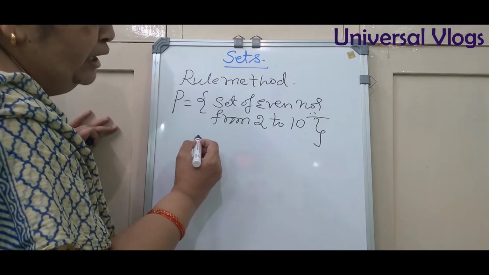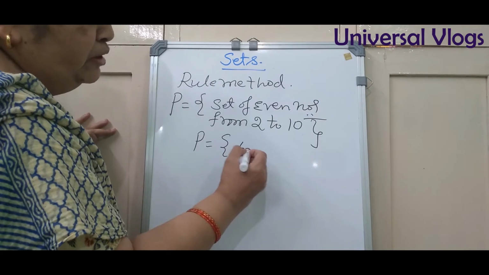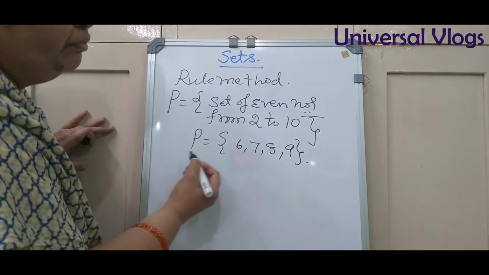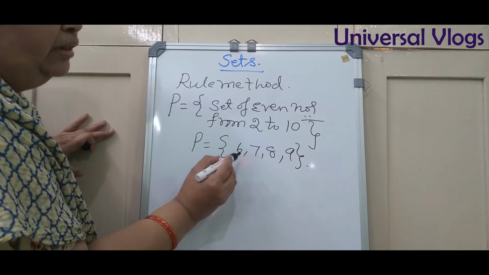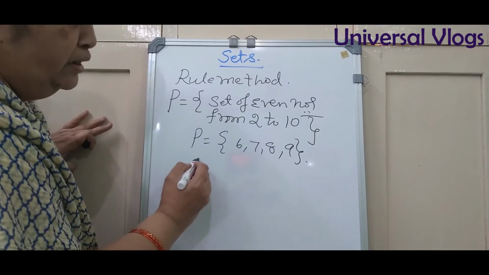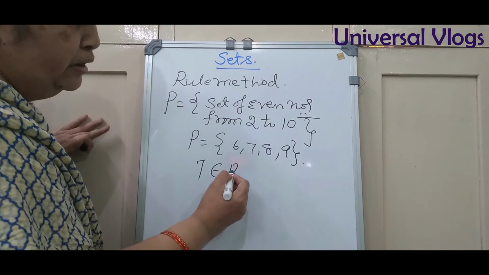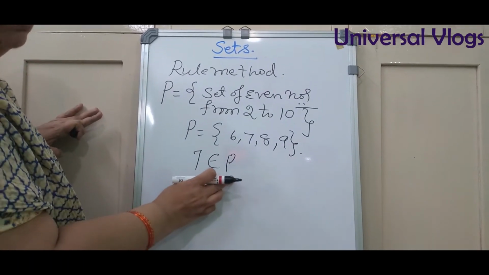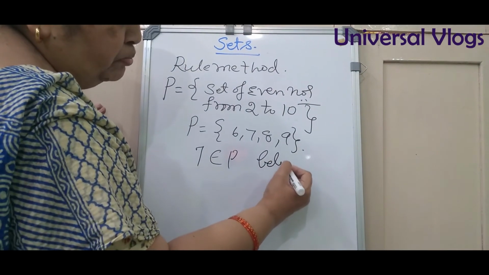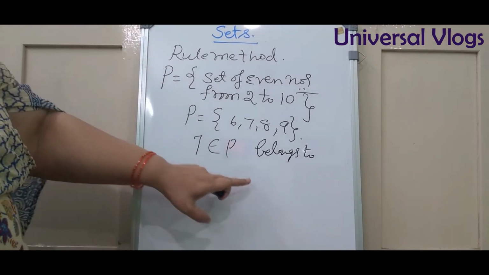Let me consider one more set, say P is equal to 6, 7, 8, 9. Here you see the elements very clearly: 6, 7, 8, 9. The element 7 belongs to P. This symbol is read as belongs to.